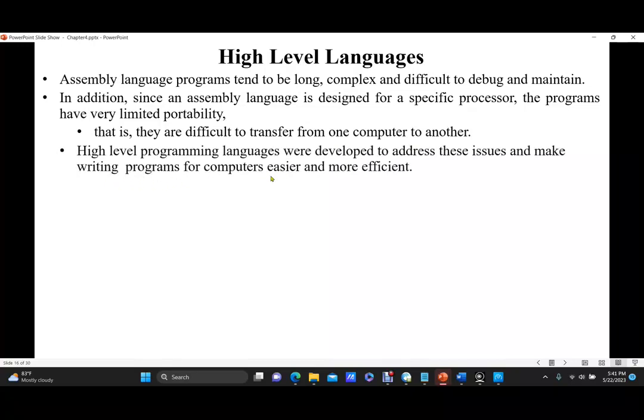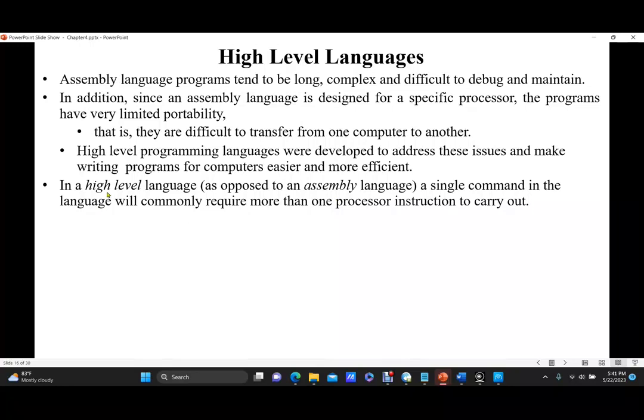High-level programming languages then were developed to address these issues, to make writing programs for computers easier and more efficient. In a high-level language, as opposed to an assembly language, a single command would commonly require several processor instructions to carry out.